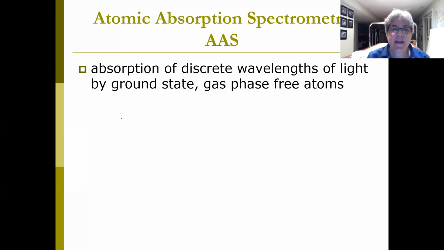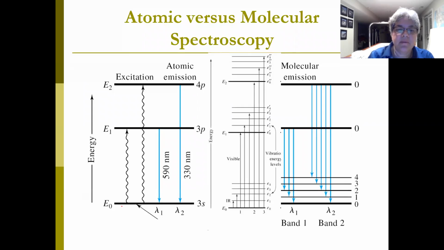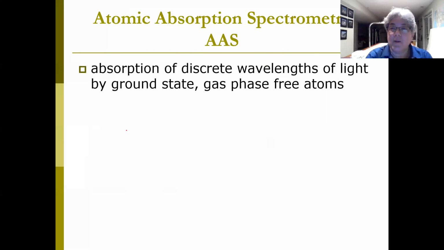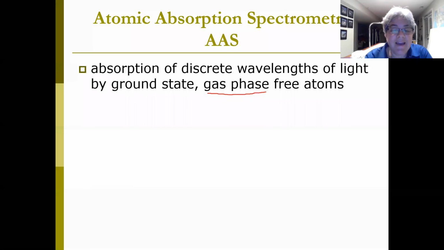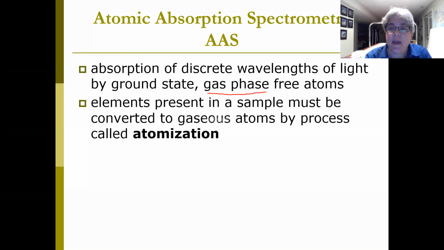Okay, so this AAS, the basic principle is the absorption of light at a discrete wavelength. That means a wavelength that corresponds exactly to the energy difference for a ground state atom in its gas phase. So notice, this is going to be different. We're going to need to get the atom into the gas phase and as a single atom.